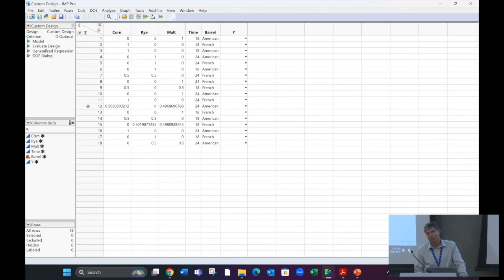So the word to the wise is, would you want to do this? Maybe not. If you really wanted some blends, you might use this as your core and then augment with a space-filling design. But honestly, you would use Mr. Daniels' process knowledge and have him narrow down some of these percentages for you.